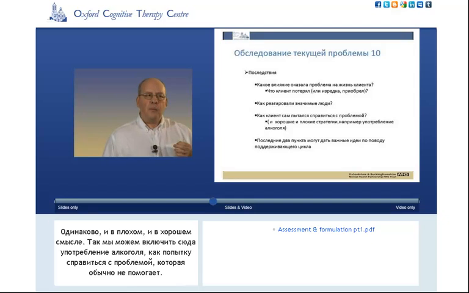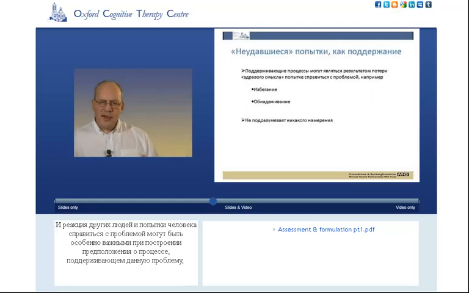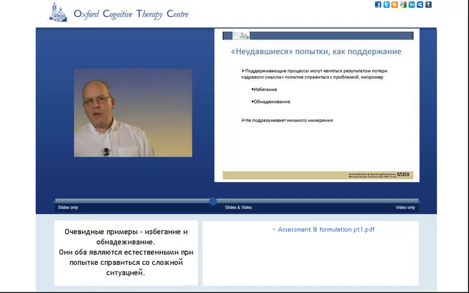Both other people's reactions and the client's attempts at coping may be particularly important in giving you clues about maintaining processes. Because maintaining processes often, not always, but quite often result from failed common sense attempts to manage a problem. Obvious examples are avoidance and reassurance.